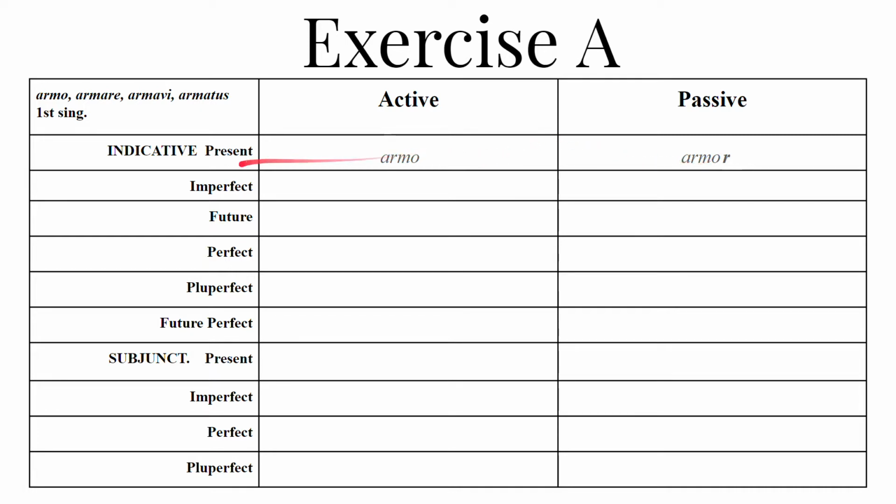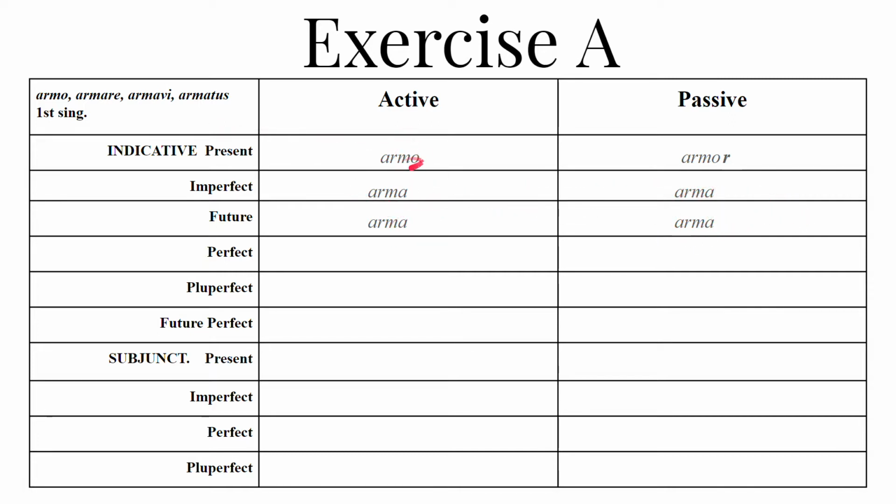All right, so for the imperfect and the future active and passive voices, this is a first conjugation verb, we need the present stem. The present stem of a first conjugation verb is found by chopping the RE off of the second principal part. So arma is our present stem, and we need to write arma in the imperfect, future, active, and passive.